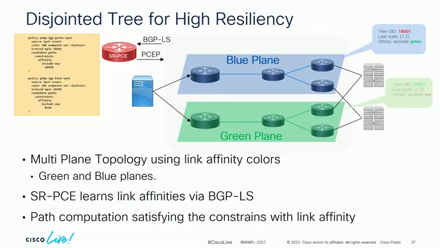How? If you remember, we discussed SRPCE, which is capable of having a holistic view, not just of the default topology, but even multiplanar solutions with link affinity and other details. Using this, we can build the network in a way that we have two different planes, the blue plane and the green plane, which will be populated in the SRPCE's link state topology.